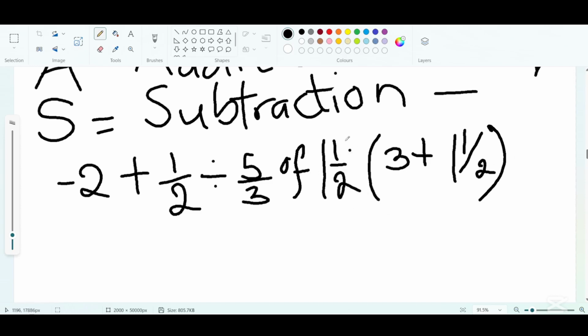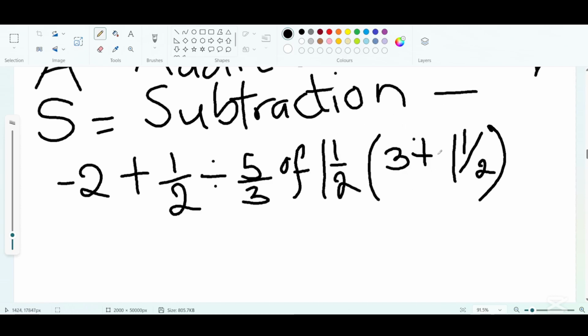This 1 and 1 over 2 is multiplying this bracket, although there is no visible bracket sign. But when a number is attached to a bracket like this, that number is multiplying the bracket. So for us to break this bracket open, this number will multiply whatever expression we got inside here.